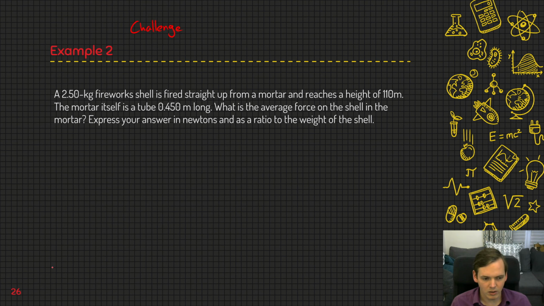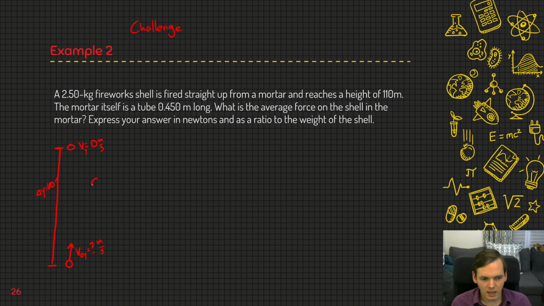So let's start. If we fire straight up from a mortar and reach a height of 110 meters, delta y equals 110. The initial velocity in the y direction is unknown. The final velocity, though, at the maximum height, we know is 0 meters per second.